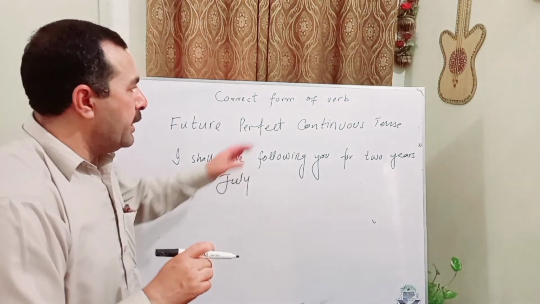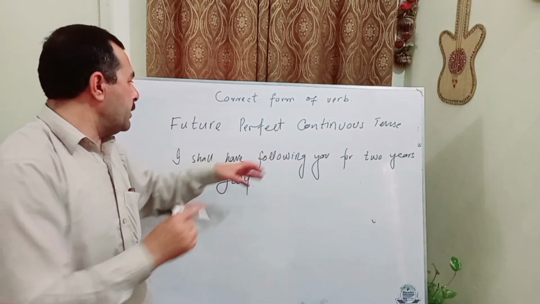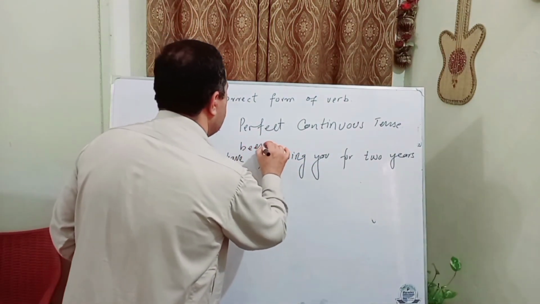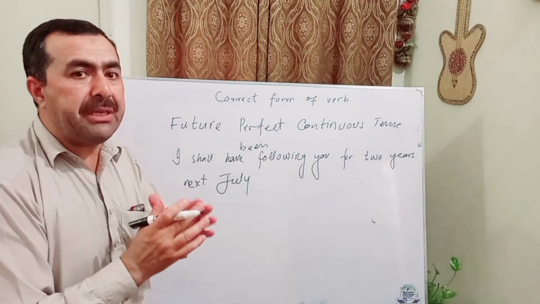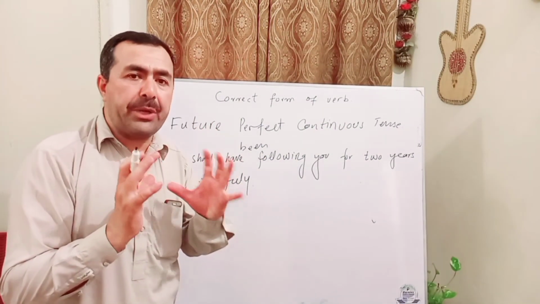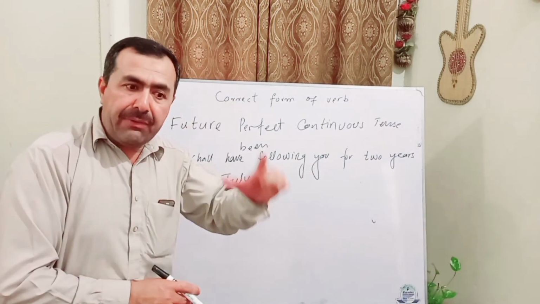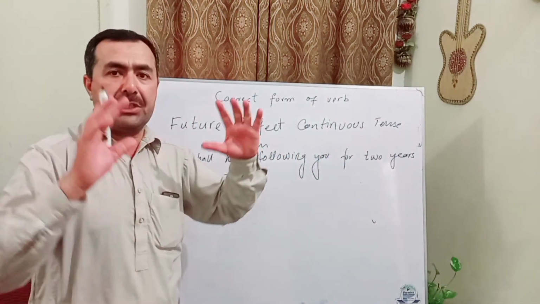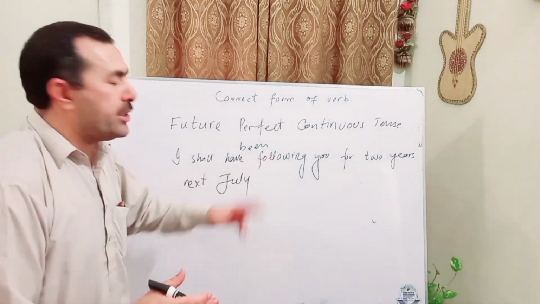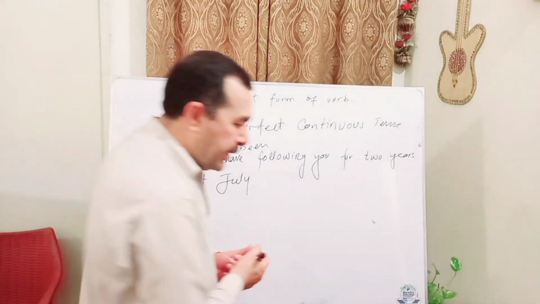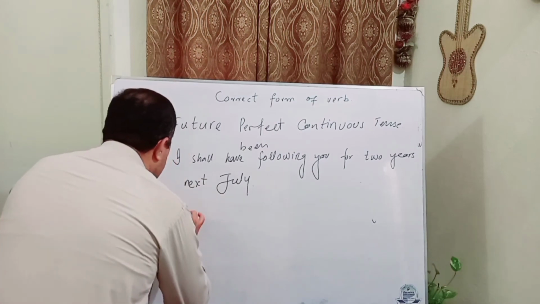In next July I will have been following you for 2 years. It means there will be 2 years duration completed in July. In next July I will complete 2 years of duration, and that is the action, that I have been following you.